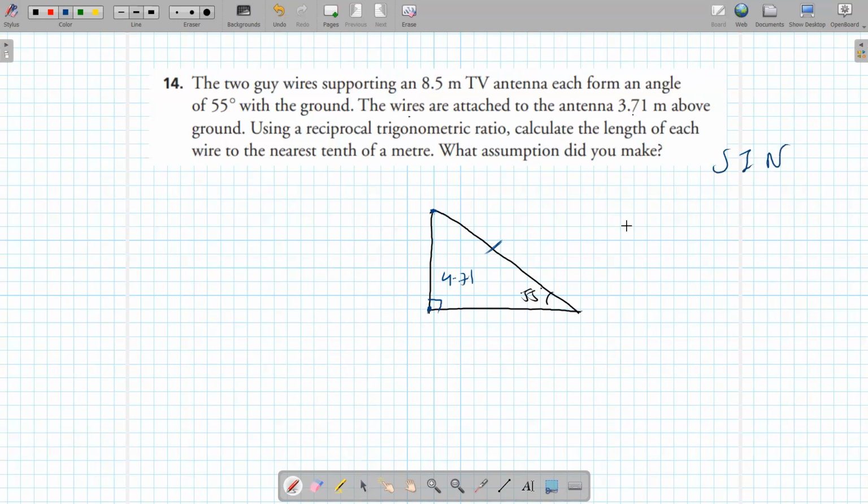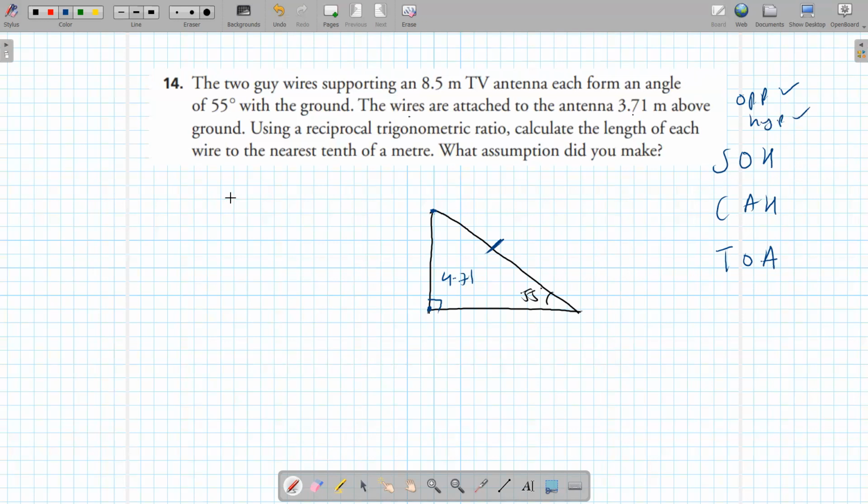Look at what we're given and look at what we're trying to find. Which side are we given relative to the angle? We're given the opposite. Which one are we interested in? The hypotenuse.